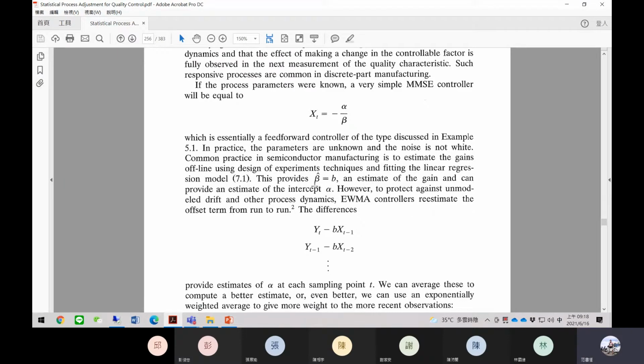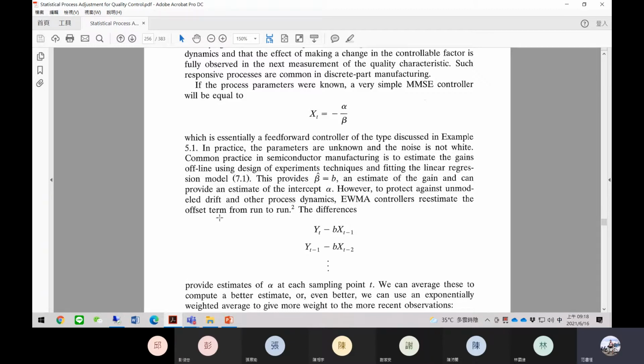However, in order to protect against model drift and other process dynamics.